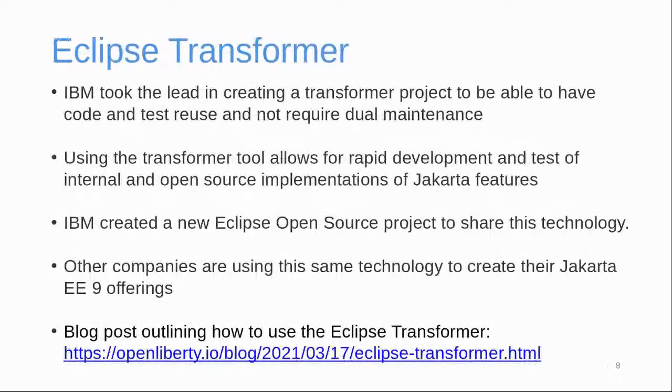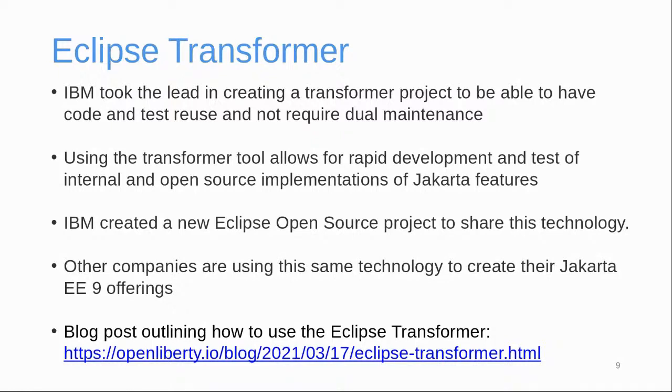So moving to the next slide here, IBM took a lead based off of what I just talked about, making this easier. We created what we called a transformer project to be able to not have to have that dual maintenance. So if, in your application or within the product itself within Liberty, we have a defect come in and we have to make a change to the code, we didn't want to make a change in two different places.